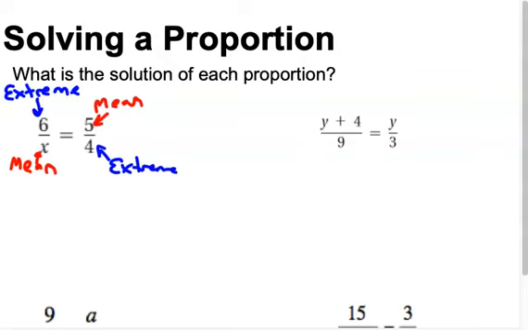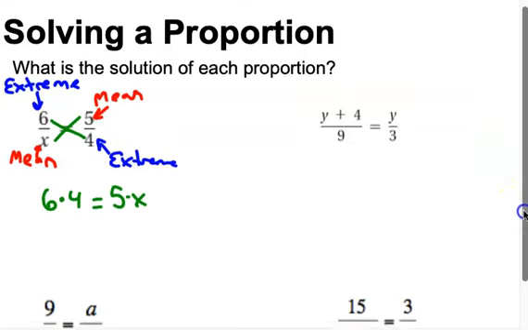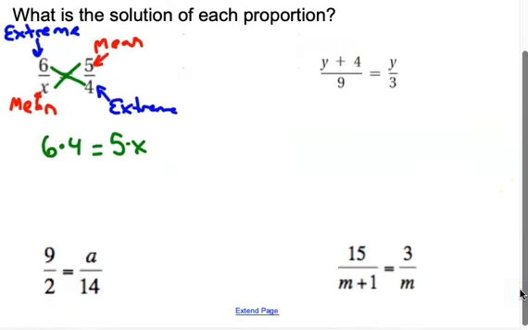The way that we solve this is by cross multiplying. So 6 times 4, that's the first thing I would write, has to equal x times 5. I'm going to write it as 5 times x. With this one, looks like we're headed for a decimal answer, and that's okay. 6 times 4 is 24.